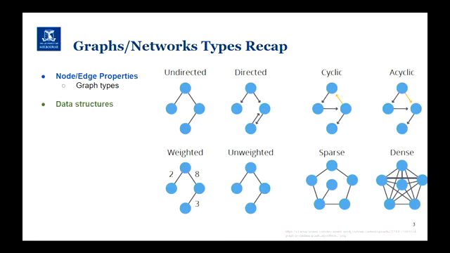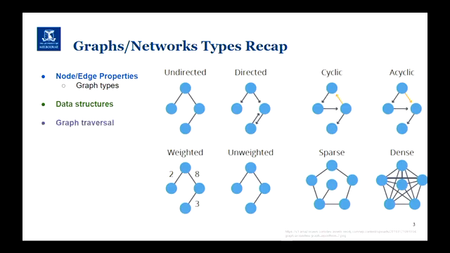And based on these graph types, we'll choose the most appropriate data structure to store these graphs in a computer. We mainly talked about two data structures. One of them is an adjacency matrix, which is very interesting for dense graphs, and the adjacency list, which is more adequate for sparse graphs.